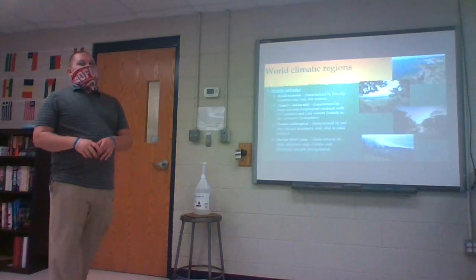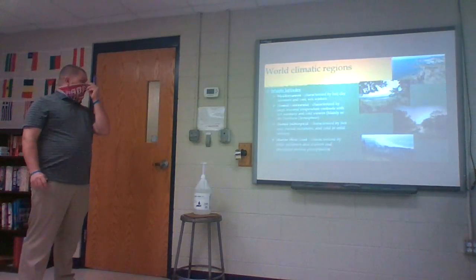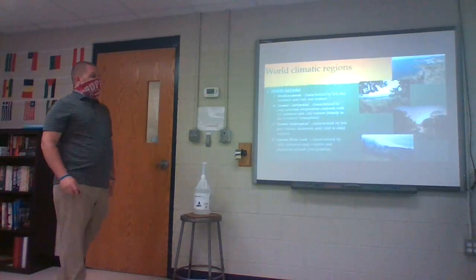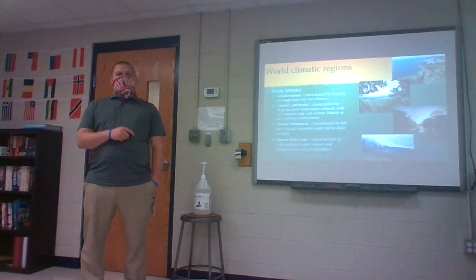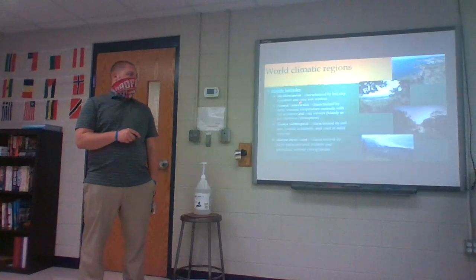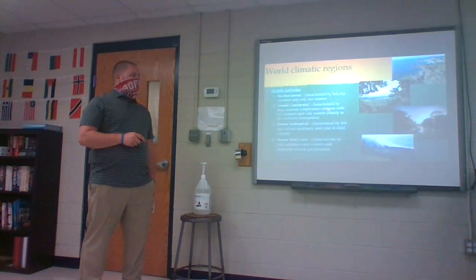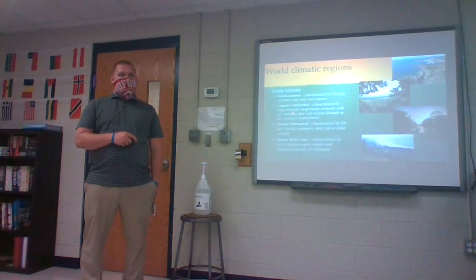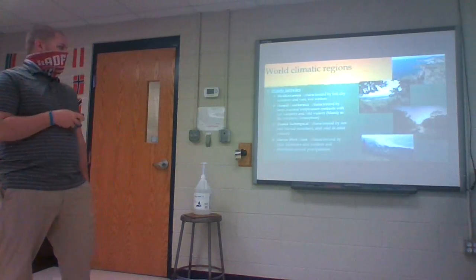Middle latitudes is where you see the most diversity. Okay? You have Mediterranean climate, which is characterized by hot, dry summers and cool, wet winters. This, surprisingly, is around the Mediterranean Sea in Europe. Okay? Humid continental, this is characterized by large seasonal temperature contrasts with hot summers, cold winters. This is the northern hemisphere. This is us. Okay? Humid continental is our climate.